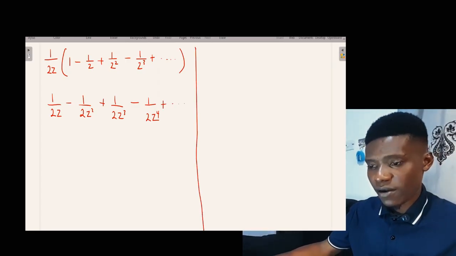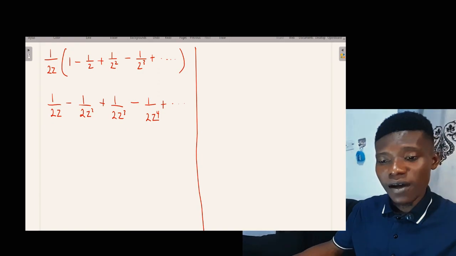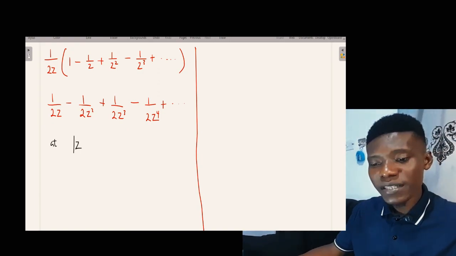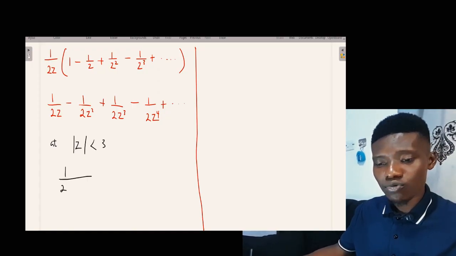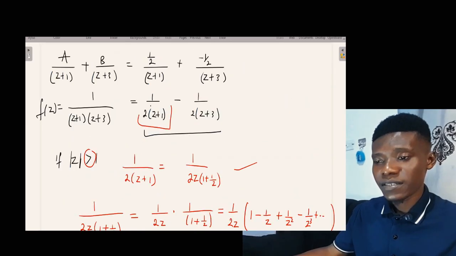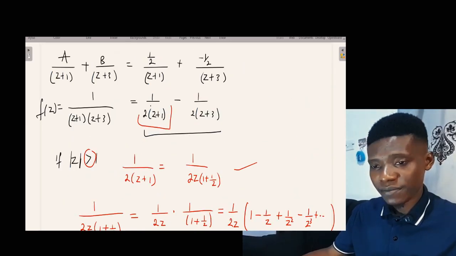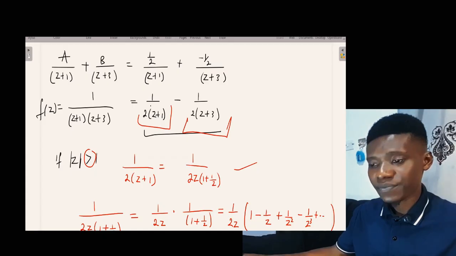Now for the second aspect of the question, where the absolute value of z is less than 3, we are considering 1 over 2 into z plus 3. That is the second part here.